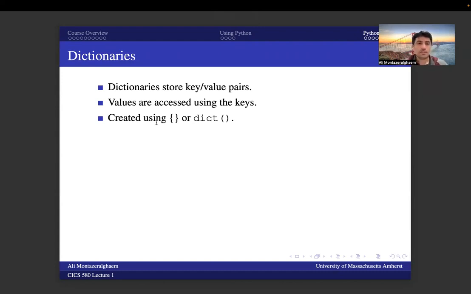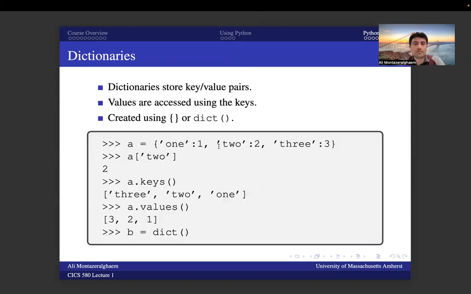A dictionary can be created by using curly braces or by using the dict keyword with parentheses. Let's see an example. Here we have A with curly braces, and we have 3 keys: the strings 1, 2, and 3.